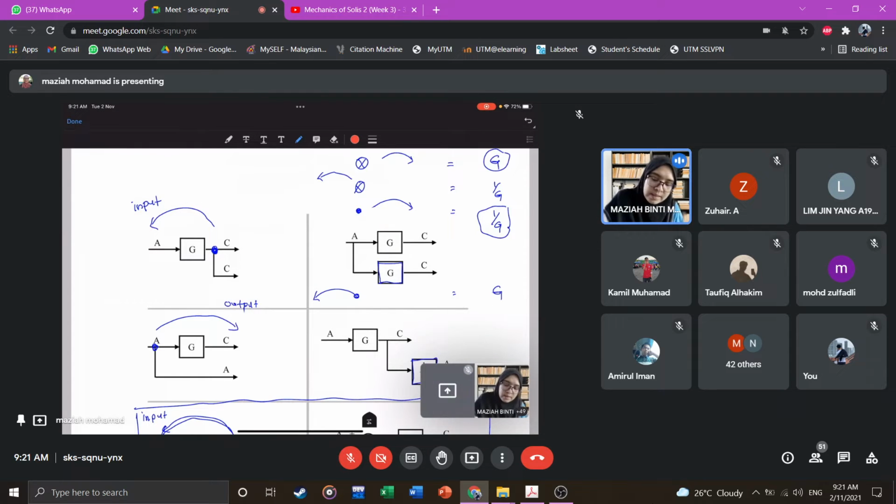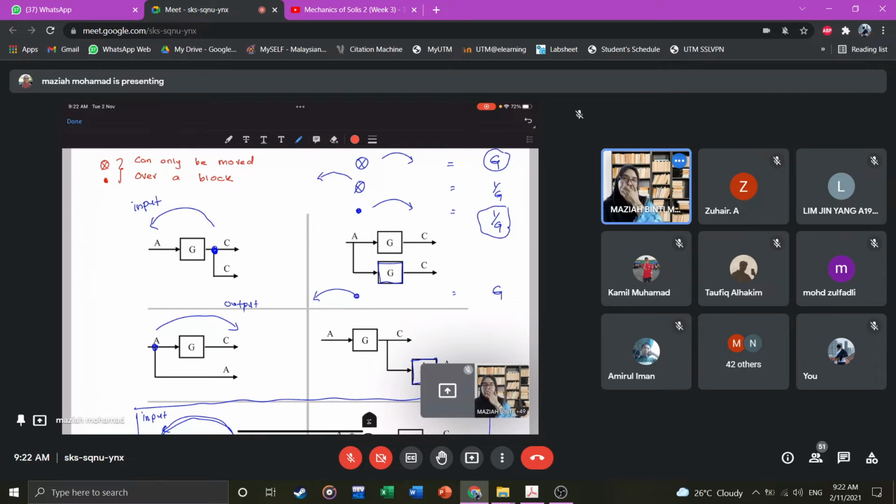Okay. Additionally, summation point and pick off point can only be moved over a block.